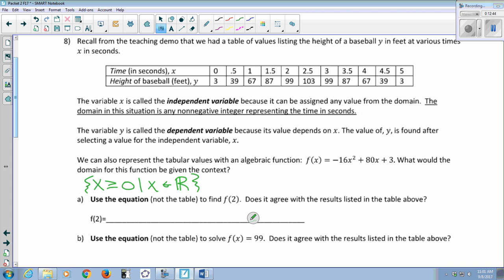All right, so I want to use the equation, not the table, to find f of 2. So the table, I know, we did this earlier, tells me that 2 should have a height of 99. After 2 seconds, the height should be 99. But f of 2 using the equation, again, that 2 is representing an x. So I'm going to go to my equation. I'm going to replace all the x's with the 2.